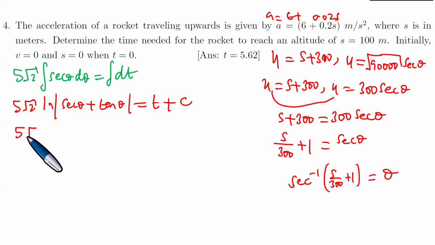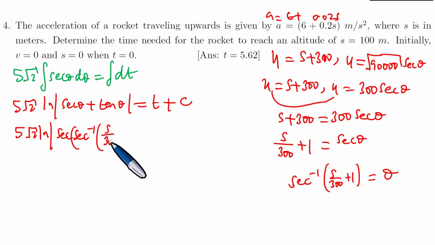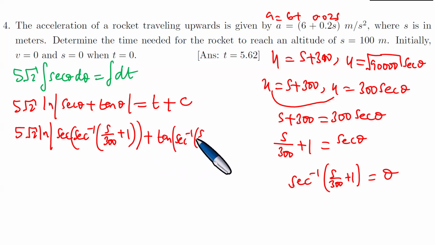So which means it is 5 square root of 2, the natural log of the secant of theta, where theta is arcsecant of s over 300 plus 1, plus the tangent of arcsecant of s over 300 plus 1, equals t plus c.